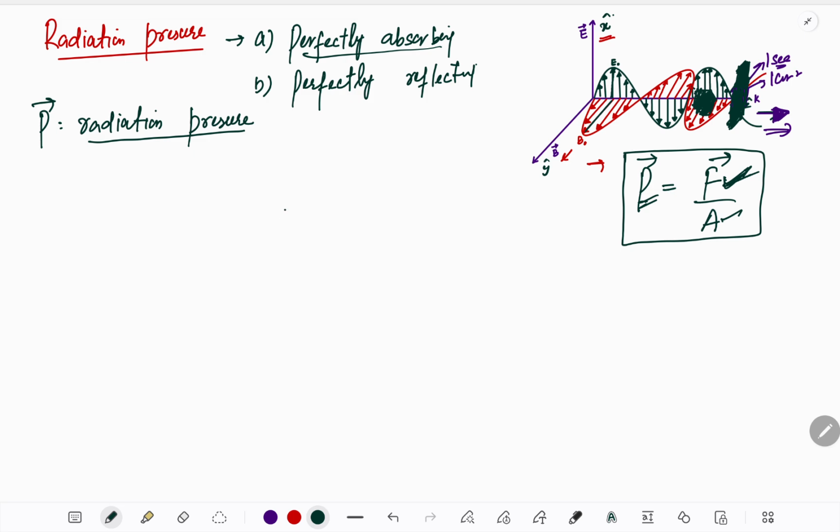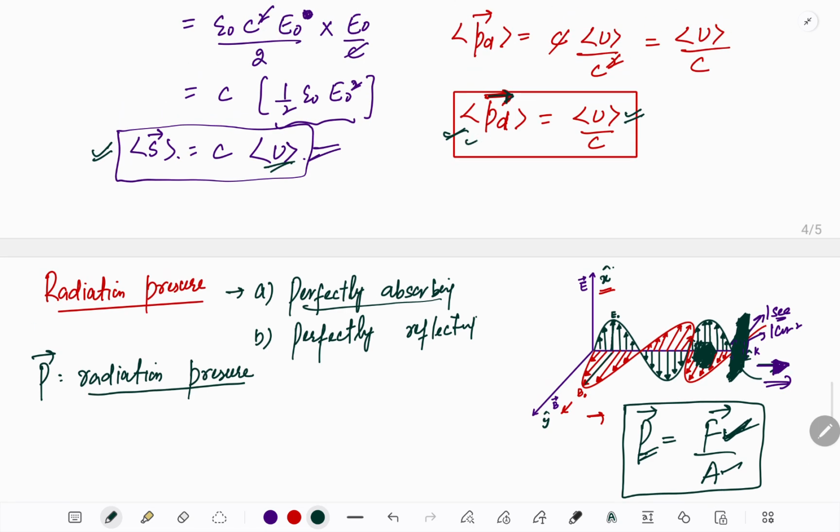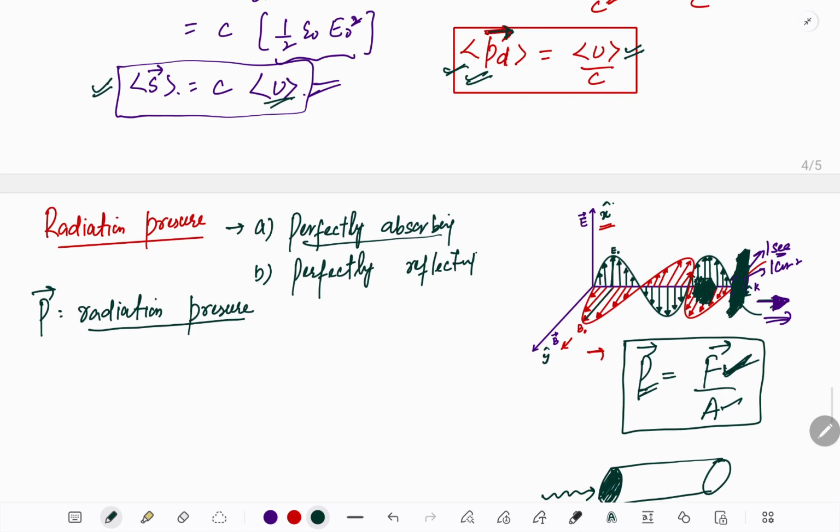Let me take some perfectly absorbing surface here, and the electromagnetic wave comes and strikes it. Basically, this electromagnetic wave carries momentum density in it. I told you the formula. What is the momentum density? This is the average of the momentum density that it carries.